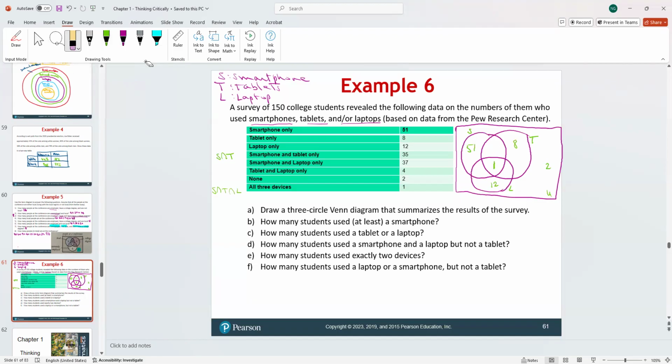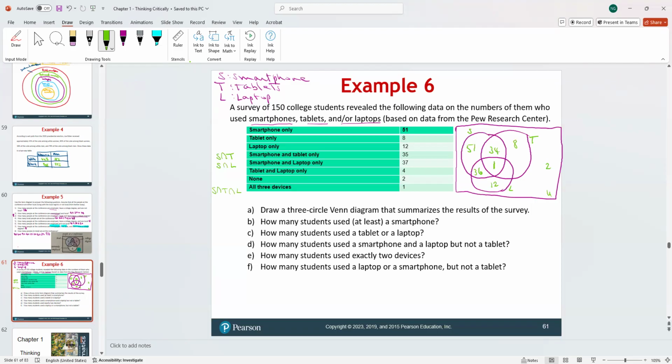So what I can do is put 34. 34 plus 1 is 35, right? Now, smartphone and laptop. So S intersect L is 37 because there is already one. I'm going to put 36 here.